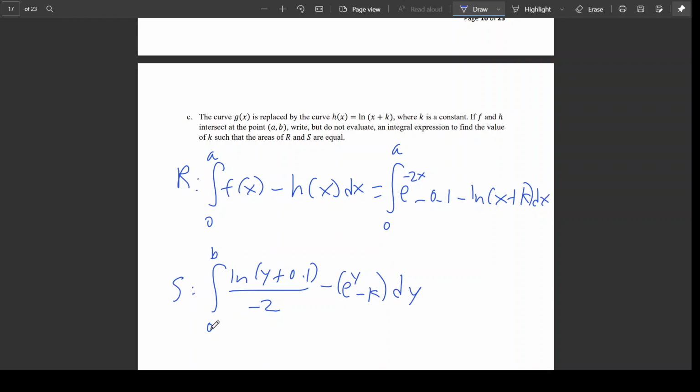So this is the area of region S, right? Now we have an integral expression for region S and an integral expression for region R. Now all that's left is to set them equal to each other.